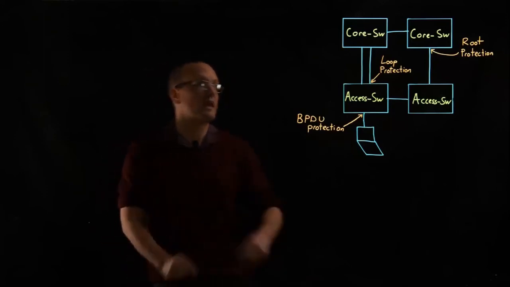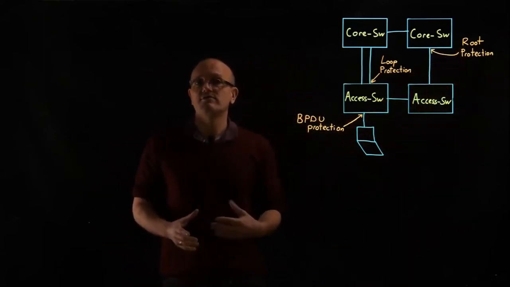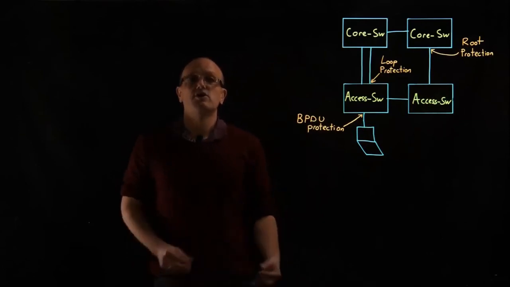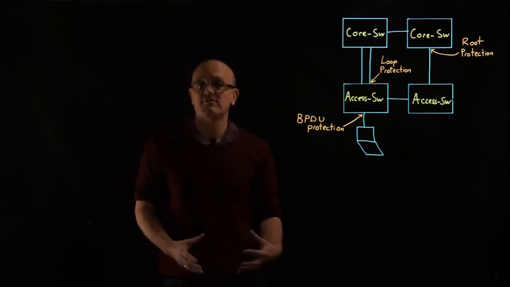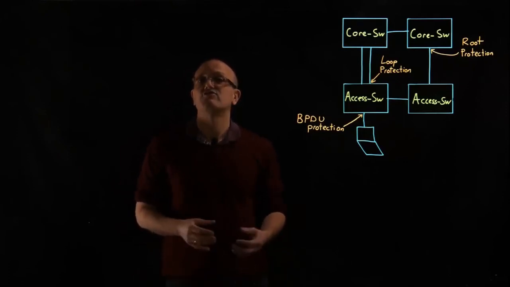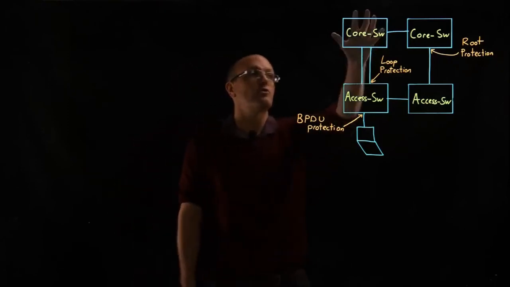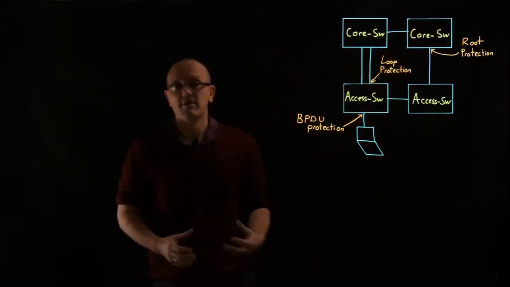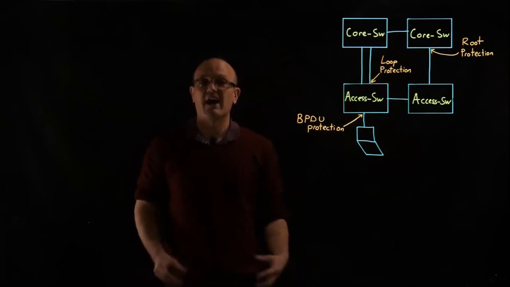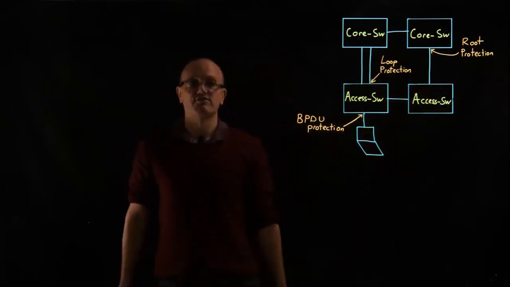The first is root protection. Now, on your spanning tree network, you are going to typically have certain devices that you want to be the root bridge and certain devices that should never be root bridges. Typically, you want your core switches to be potential root bridges, and you never want your access layer devices to be root bridges.